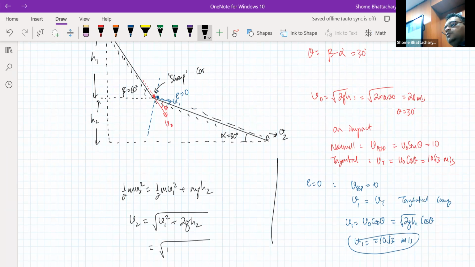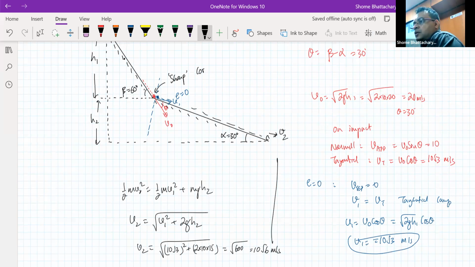That is 10 root 3 whole square, which is 300, plus 2 into 10 into 15, so 300 plus 300. So square root of 600, so 10 root 6. This is the final speed.